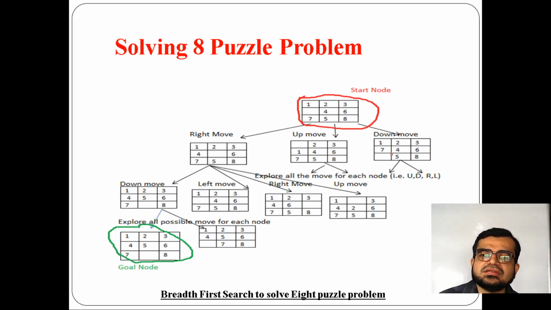If you see this node, this is your start node, or you can call it the initial node. There are 8 tiles, 1, 2, 3, and the 4th location is your empty tile, then 4, 6, 7, 5, 8, and the desired one is this one.